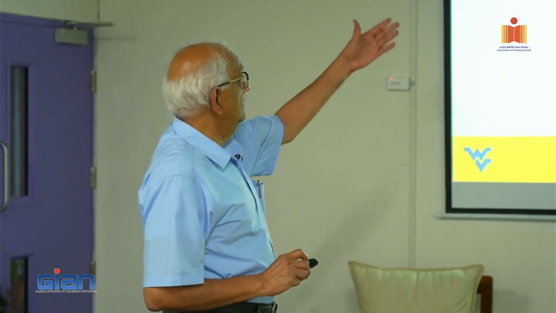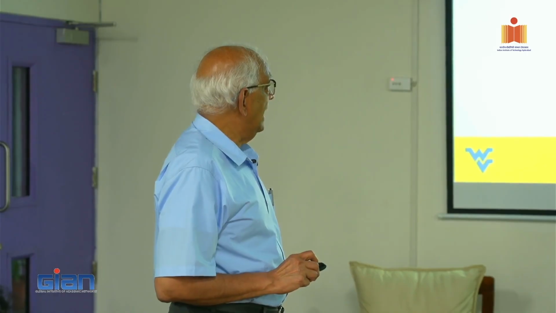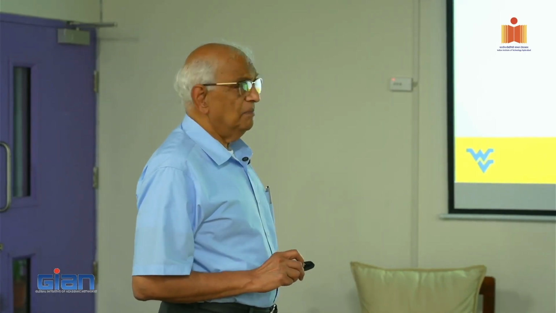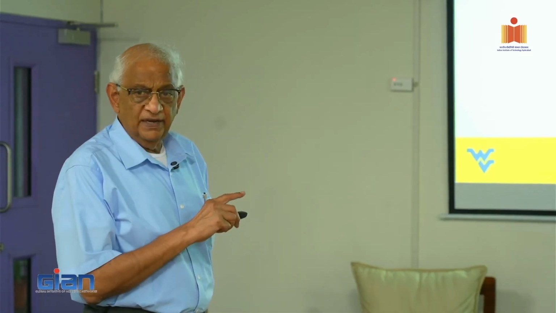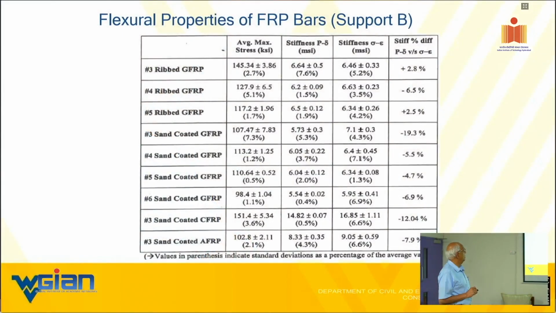So again, you can see by and large, we have had a better correlation with the sand coated by and large. The one I showed you, one or two are exceptions. I believe they may be bad samples. So here are some of the flexural properties. You can see the numbers for number 3 bar, say 145.